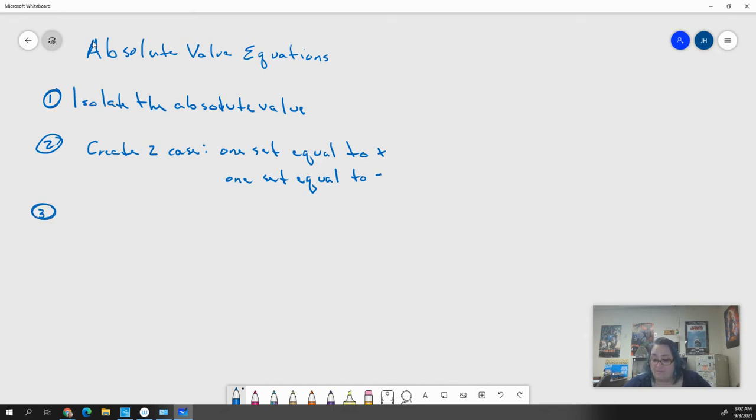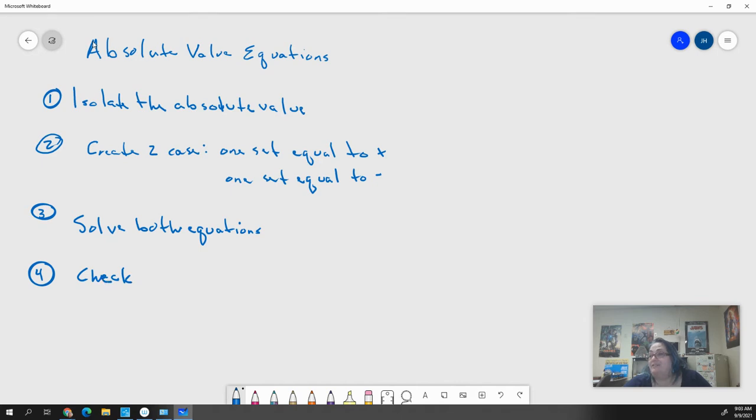Number three, solve both equations. And four, the least important part, or the most important, depending on who you ask: check.